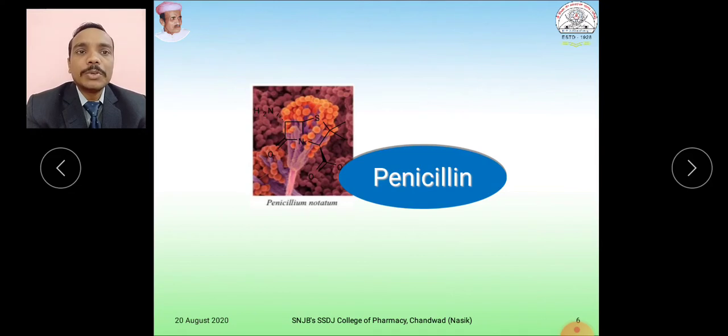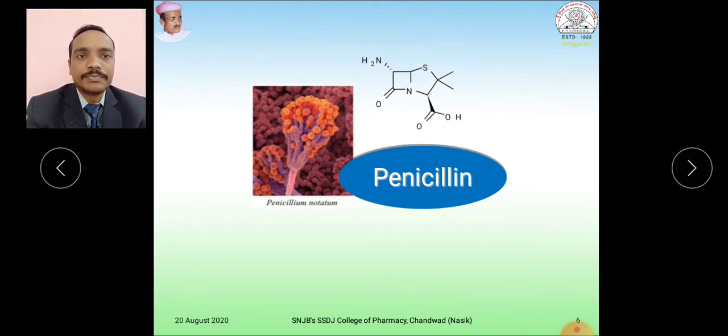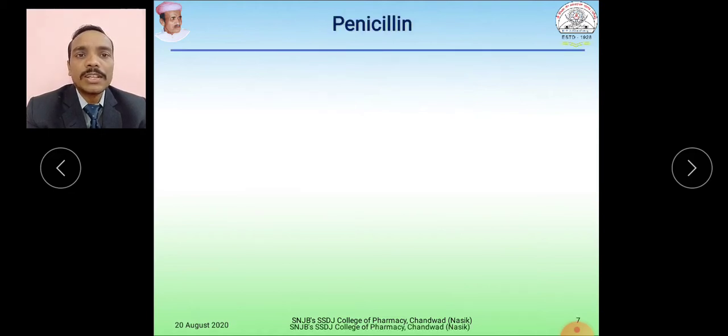Coming to the first, penicillin, as I said, we are going to discuss penicillin in detail. Penicillin is obtained from Penicillium notatum. This is the general structure. Penicillins contain the beta-lactam ring, as I told you, they belong to the beta-lactam class of antibiotics.